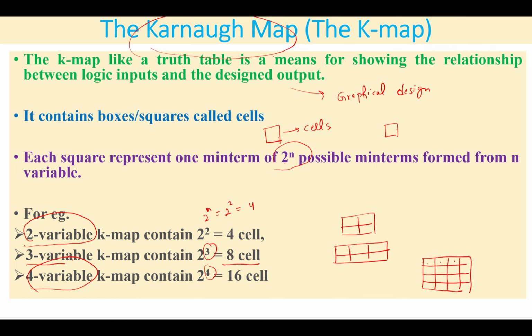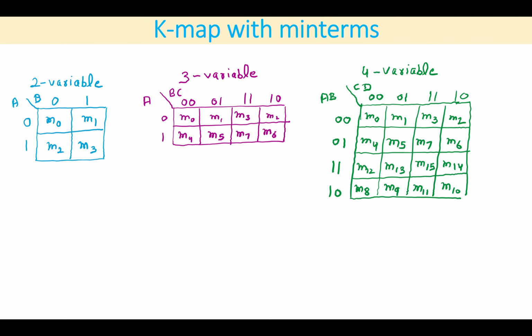If we count all these cells, there are 16 cells. So in this slide, I discussed the structures of the two variable, three variable, and four variable K-maps.